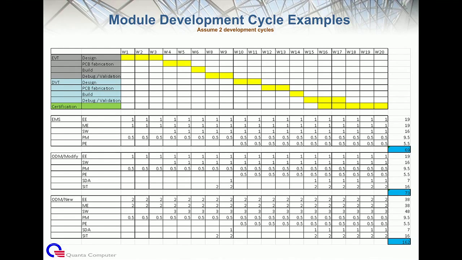So I list a 20 weeks schedule, which is regular, but please understand that the schedule and the resource level itself is very specific to the features of the module. So this is only a very rough estimation with a standard process.